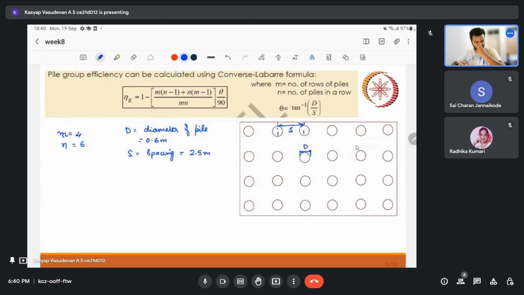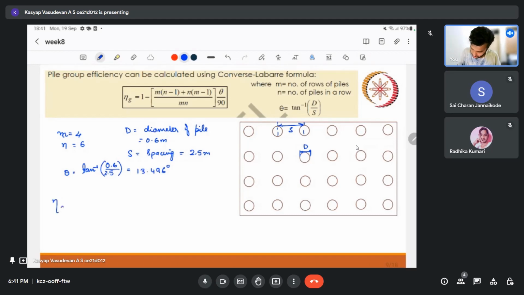Okay, now what is then theta? Theta can be written as tan inverse of 0.6 by 2.5, that is 13.496 degrees.